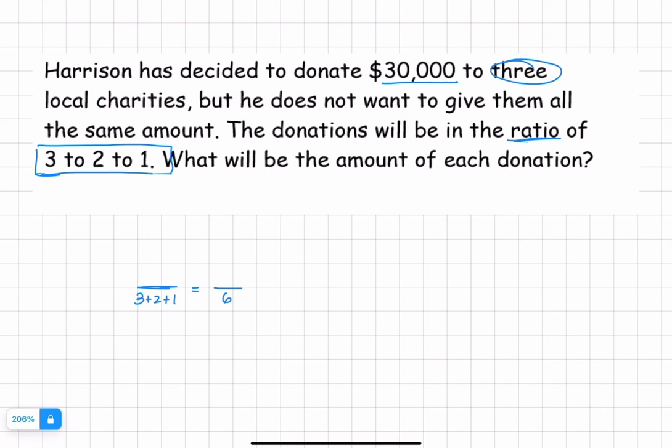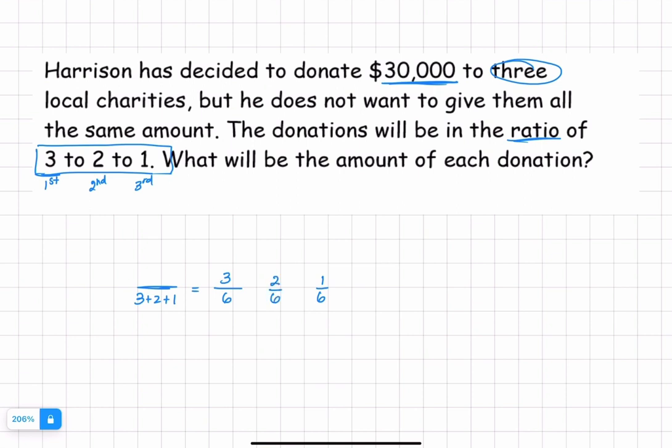So 3/6 of the 30,000 would go to, let's say this was the first charity, 3/6 of the 30,000. This was the second, and the third would get 1 part, the 1/6 of the charity amount.